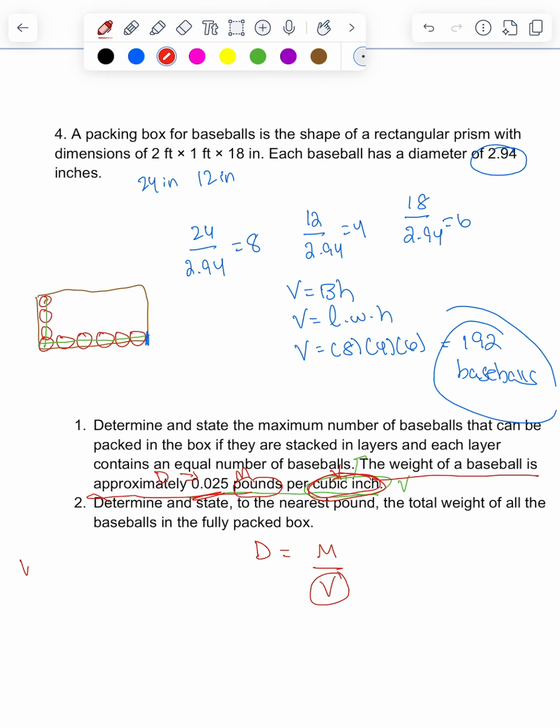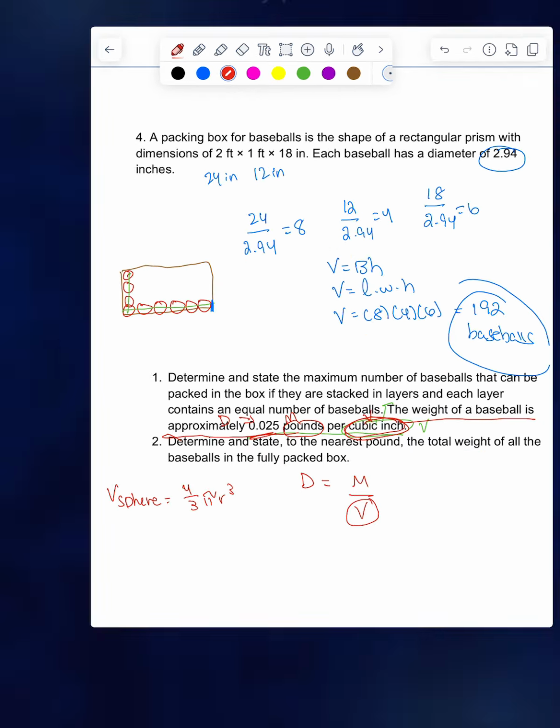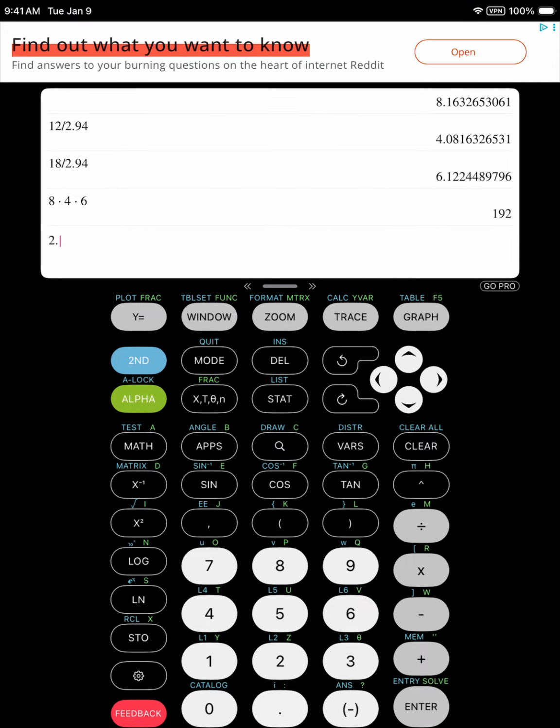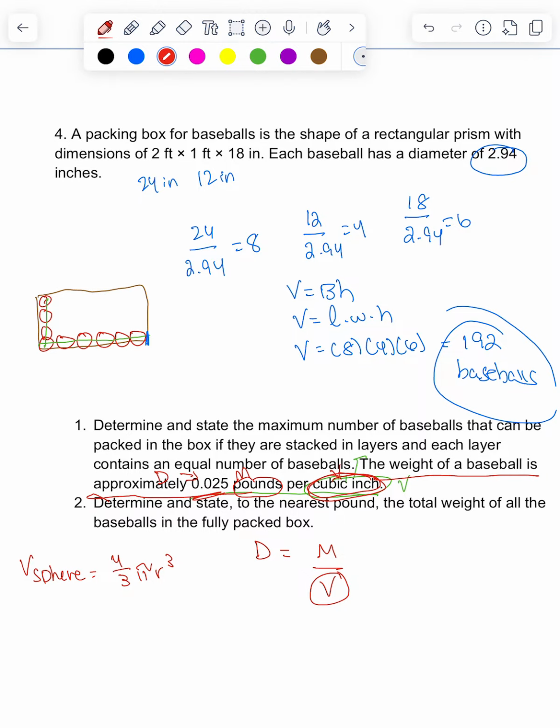So volume of a sphere, which is what a baseball is, 4/3 pi r cubed. And since the diameter is 2.94, let me divide that in half to get the radius. And that's 1.47.